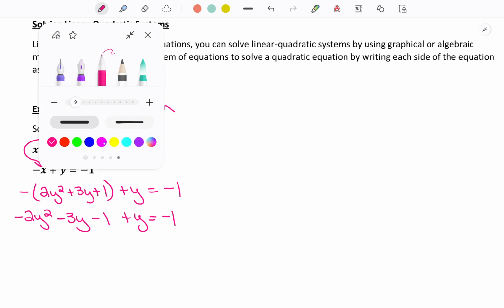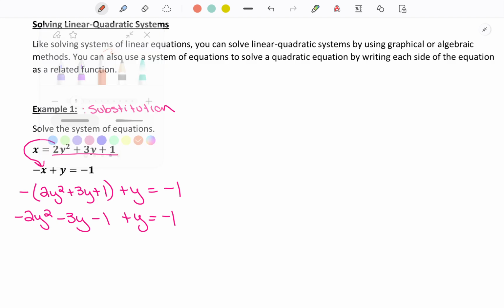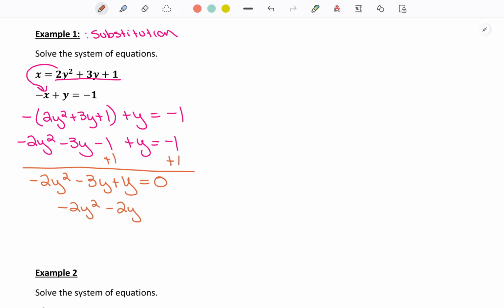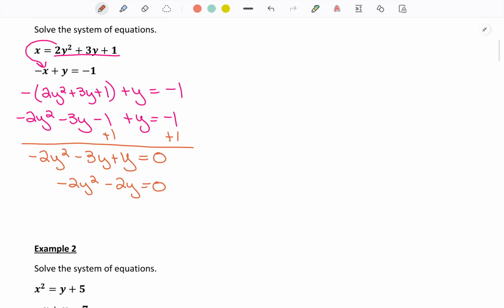So then we need to simplify. We are going to add 1 to each side to get those together. That is going to give us negative 2y squared minus 3y plus y equals 0. Now those y's are going to go together. That is going to give us a negative 2y. Then we need to factor.